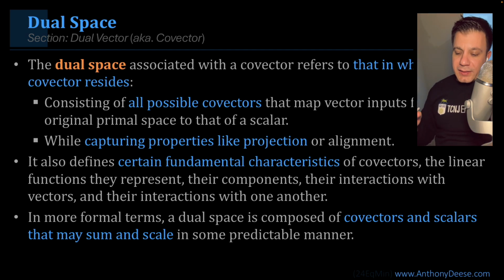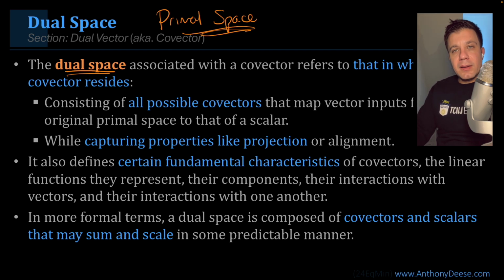Now the dual space, so we talked about the primal space before, and so we're going to use a pretty similar definition here. The primal space was that within which all the primal vectors live. The dual space, very similarly, is that within which all the dual vectors or the covectors live.